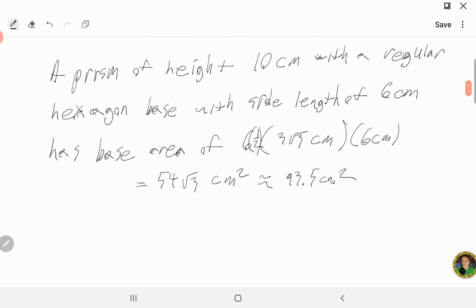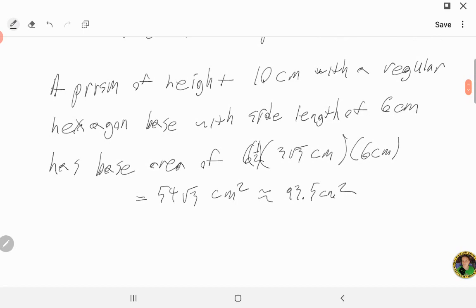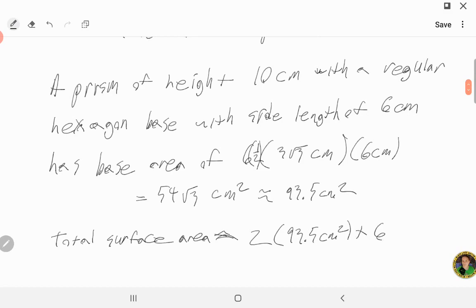So then we know that the total surface area is going to be approximately 2 times that 93.5, plus we have 6 rectangular sides that are each going to be 10 centimeters tall by 6 centimeters wide.